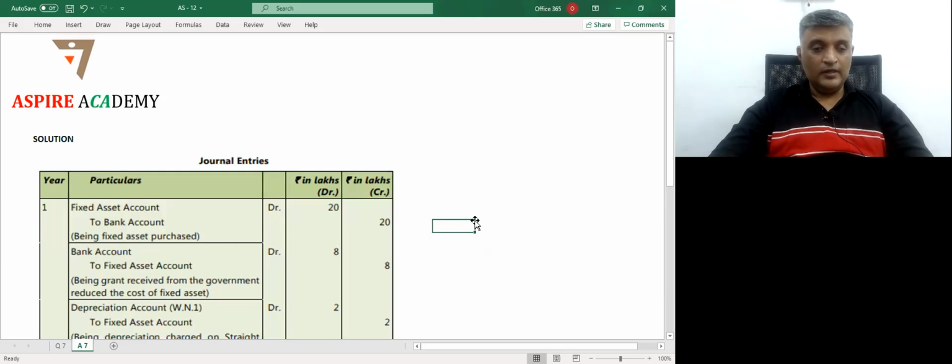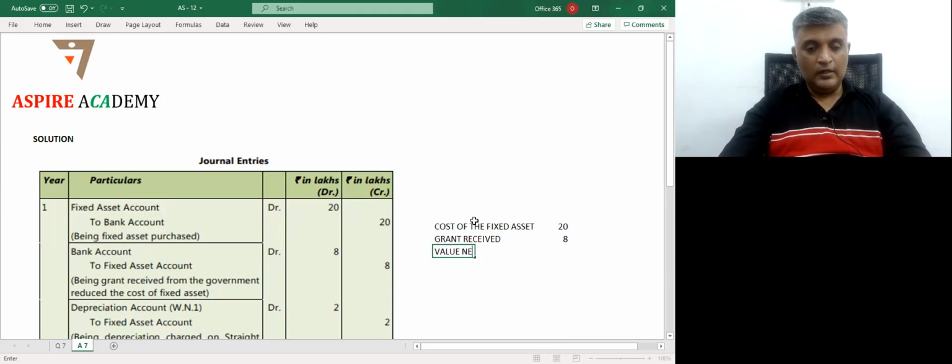Let's start working it out. What is the cost? Cost of the fixed asset is around 20 lakhs. What is the grant? Grant received is 8 lakhs, right? So what is the value net of grant? It's going to be 12 lakhs.